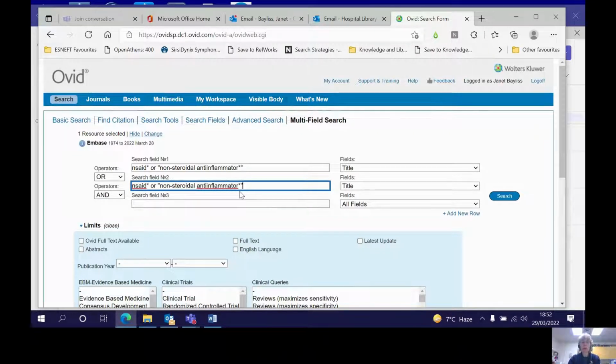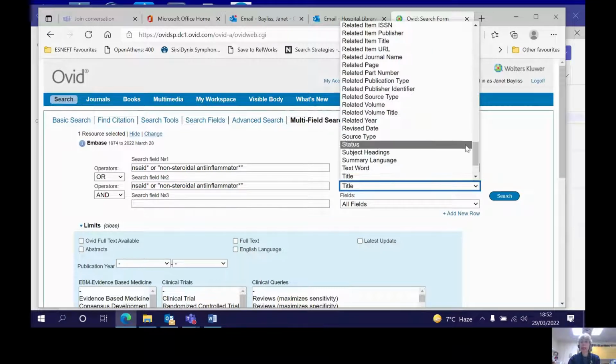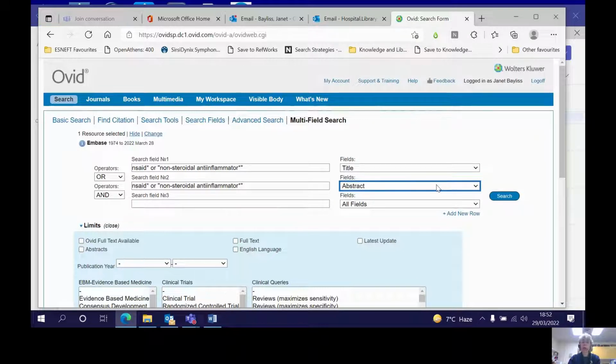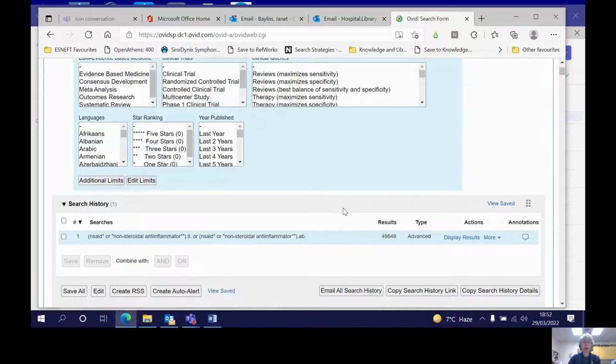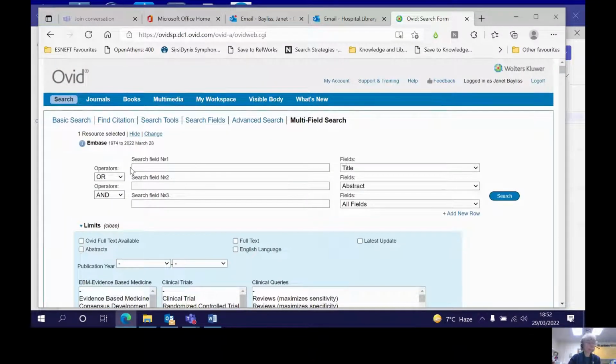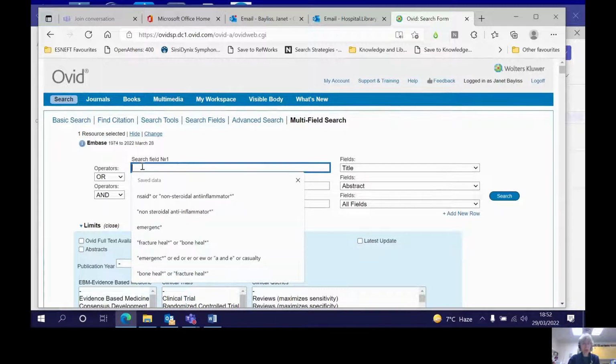I've also used the star for the truncation of anti-inflammatory, and I've got it down as a single word. I've asked it to consider non-steroidal anti-inflammatories or NSAIDs in the title and/or the abstract of the article. And there are the results: 49,649. So that's the first line of the search.